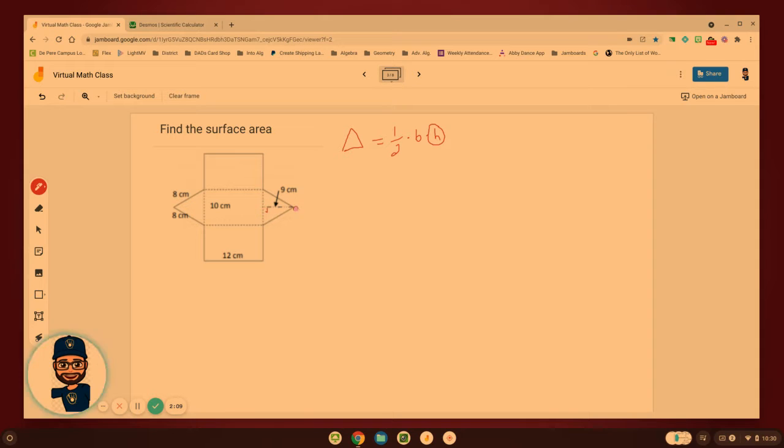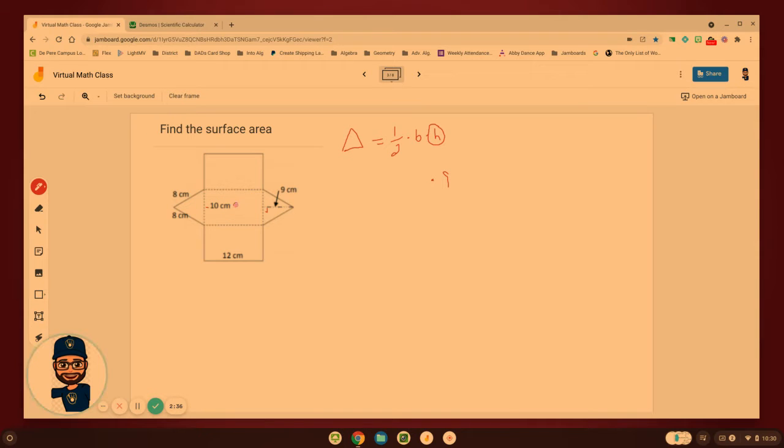These two sides over here, which are labeled 8 and 8, and they're also going to be 8 and 8 over here, are not the height. It's this 9. And the base is this line right here. It's labeled right here: it's 10.